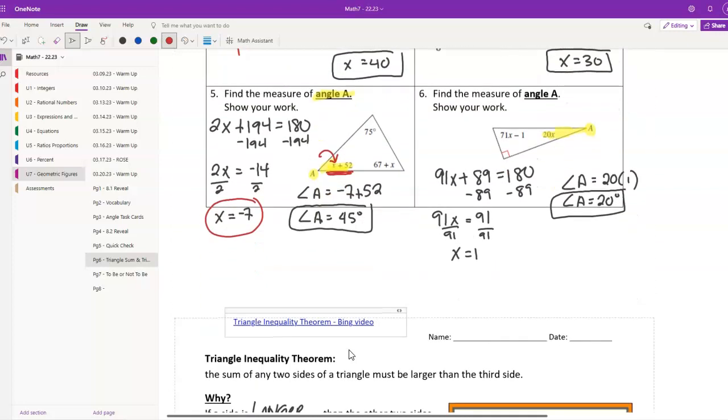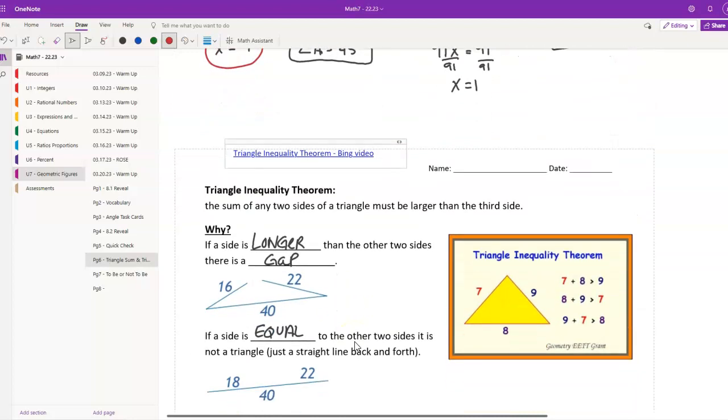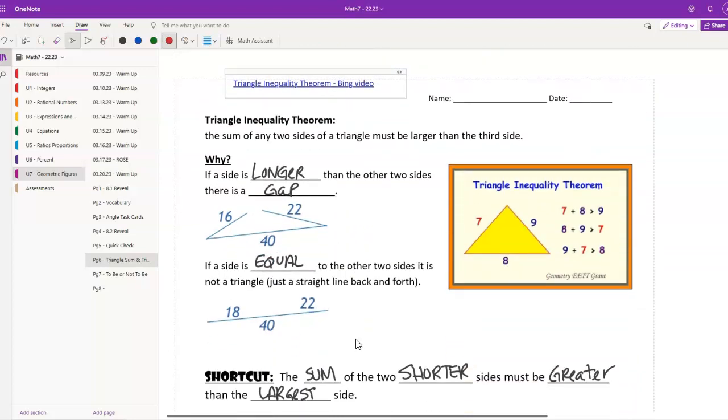All right, and then yesterday you had a video, hopefully that was able to play and watch. It was just someone showing you, with spaghetti pieces, that if the longest side is longer than the two other ones combined, there's going to be a gap, and it's not going to reach.